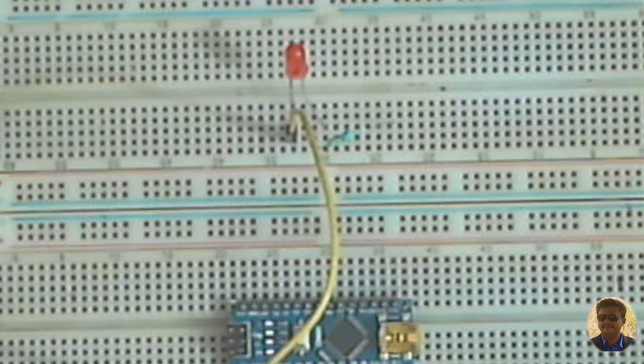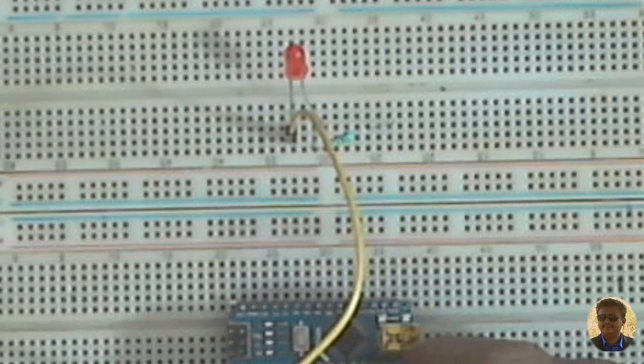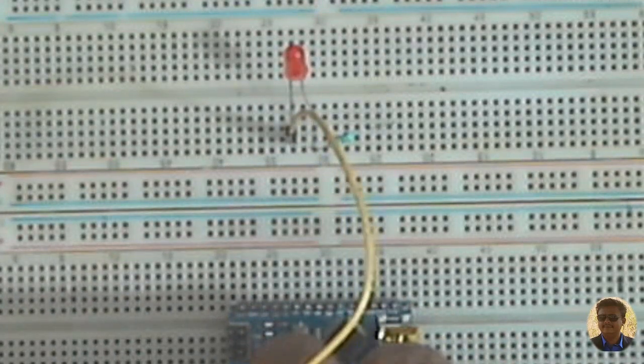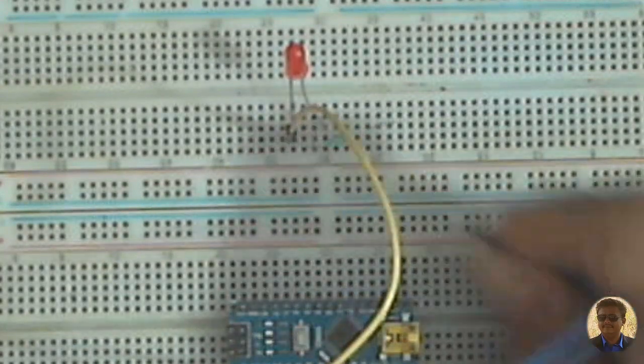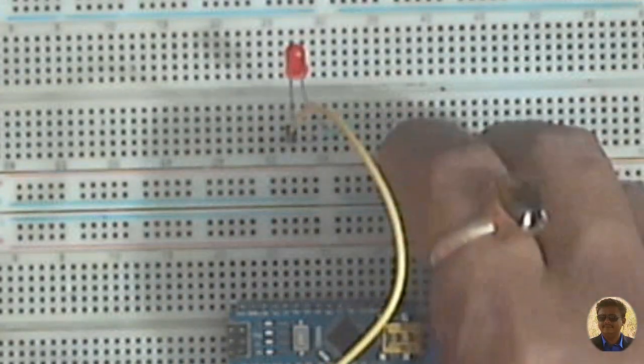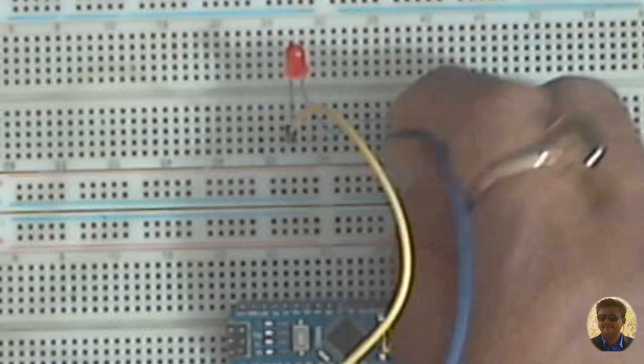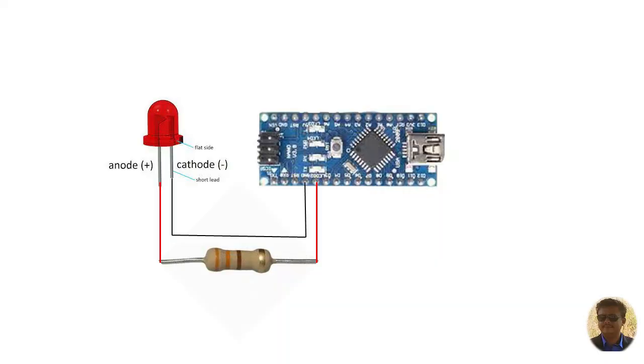Pin number 5 from the left side is D2, that is digital pin 2. Now connect D2 to the other side of the resistor. That means the cathode of the LED is connected to ground and the anode is connected to D2 through a 330 ohm resistance.